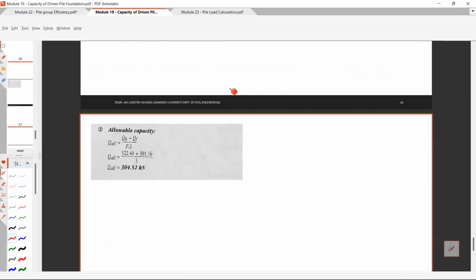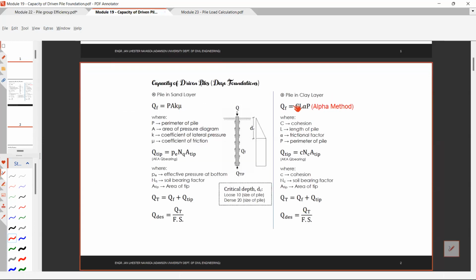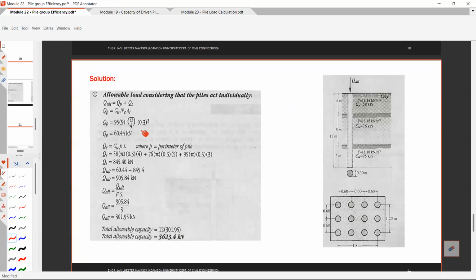So ito siya, just so you can review. For piles in a clay layer using the alpha method, you will use C alpha P L, and for Q tip, you will use C Nc A tip. So for the ultimate capacity, we have the sum of Q tip and Q friction.